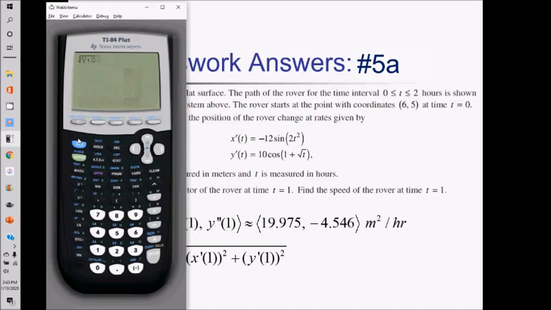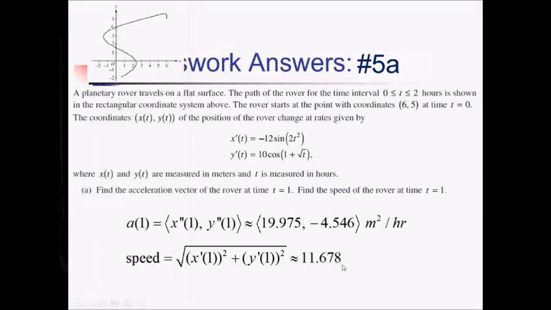And I'm plugging 1 into that. So this is x prime of 1. And I need to remember to square that. Plus alpha trace y2. Plug 1 into that. Square that. Enter. About 11.678. And since that's speed, that's going to be in units of meters per hour.